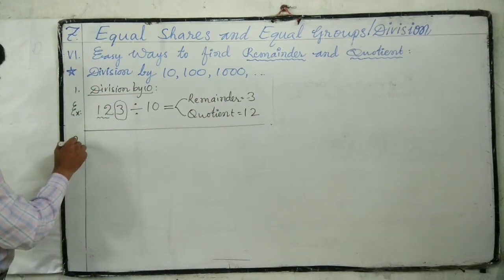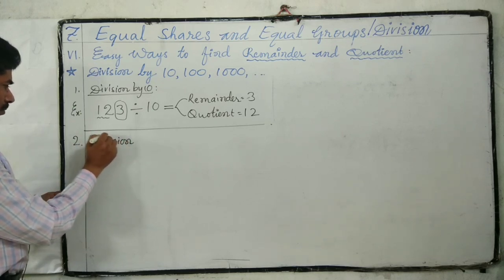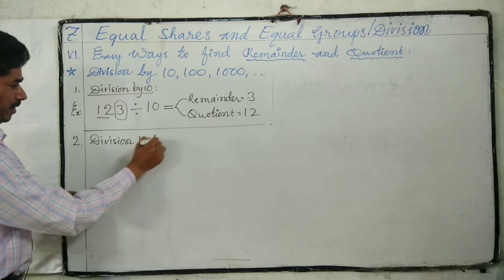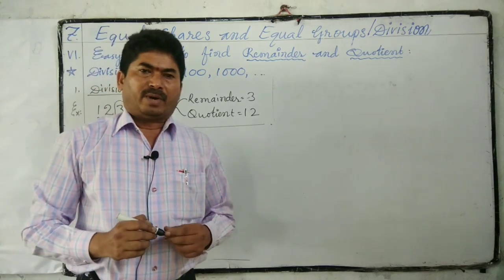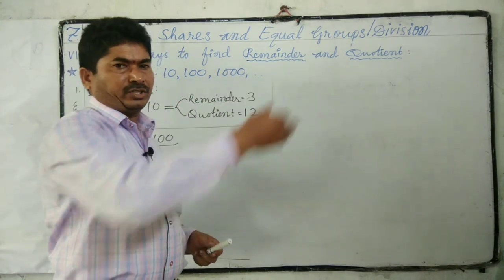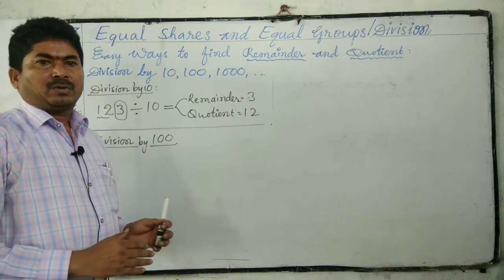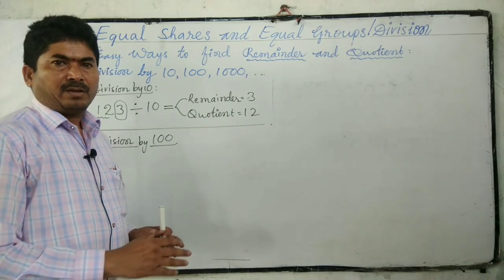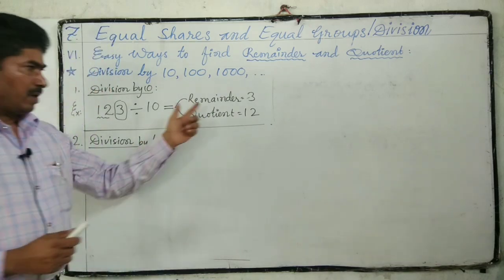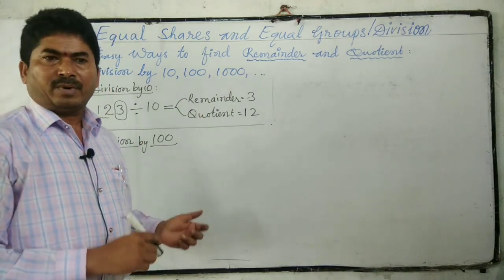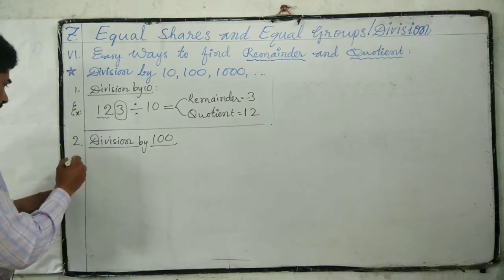Next, the second one, division by 100. When a number is divided by 100, the last two digits, means ones and tens, the number formed by the ones and tens places is the remainder, and the number formed by the remaining digits is the quotient.